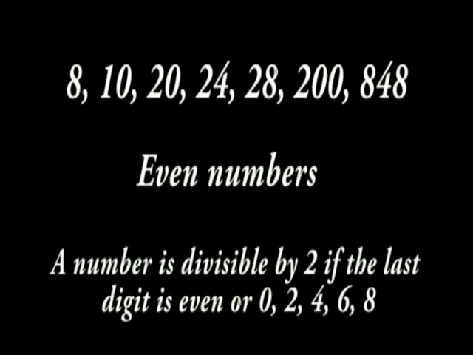In conclusion, we say that a number is divisible by 2 if it is an even number. It can also be said that a number is divisible by 2 if it ends with 0, 2, 4, 6, and 8.